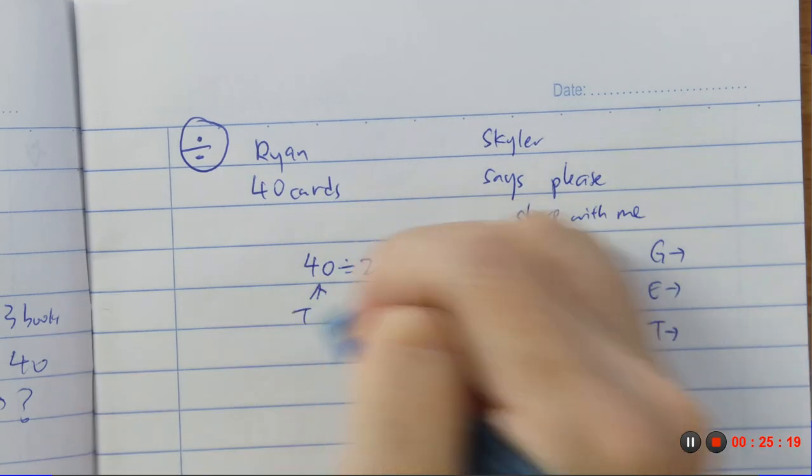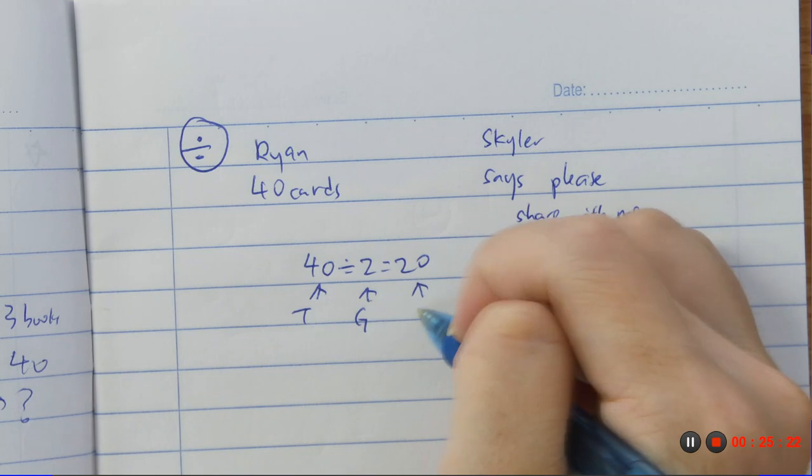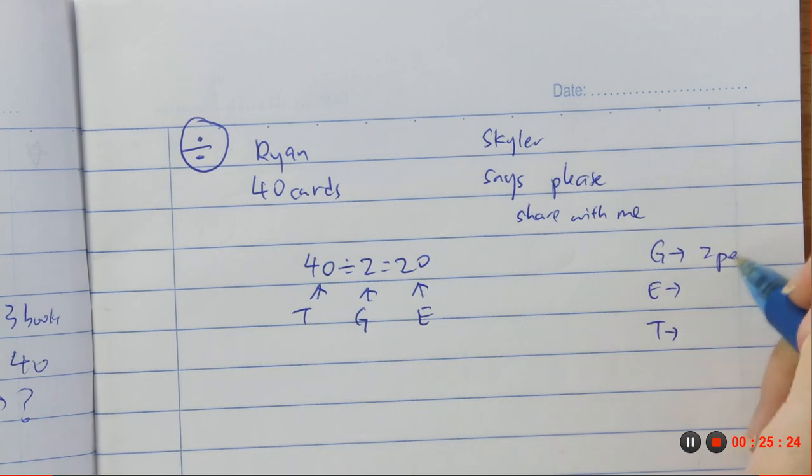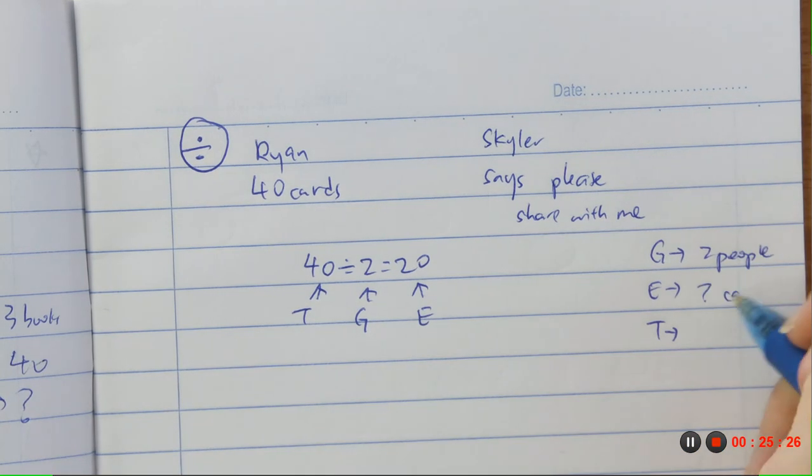So this is the total, this is the 2 of them as the group, this one is each. 2 people, each gets how many cards? Total is 40, so divide. Can you understand?